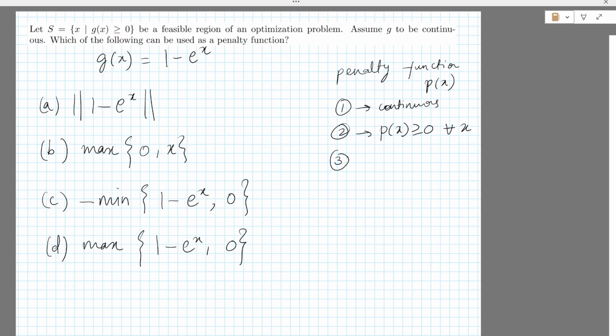And p of x equal to 0 implies that x is in the feasible region, and x in the feasible region should imply p of x is equal to 0.